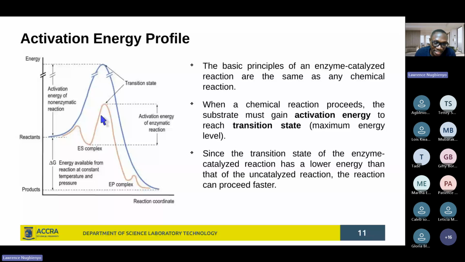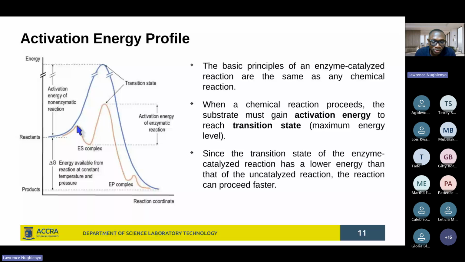And the orange line is referring to the energy profile of an enzymatic reaction, or call it a catalyzed reaction. And you see that the transition state of the catalyzed reaction is lower than the transition state of the uncatalyzed reaction. Why?